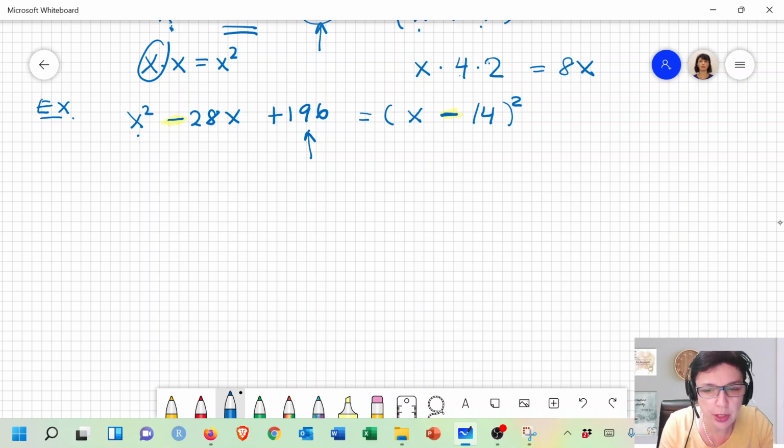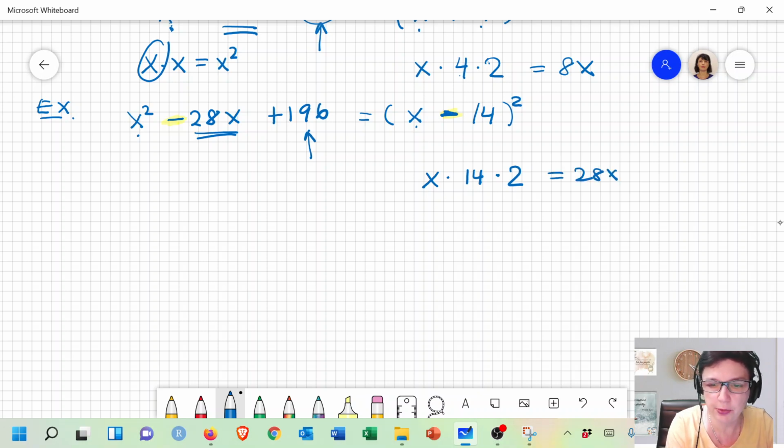Another thing that you should check, just as a side note, is that you should be able to multiply the x and the 14, and then double it, and that should be equal to the middle term. So this is really 28x. This was negative, so that's also going to be negative. That's good, but you do want to make sure that this middle term is double the first times the second number over here, and it is. That means yes, it's a perfect square trinomial.